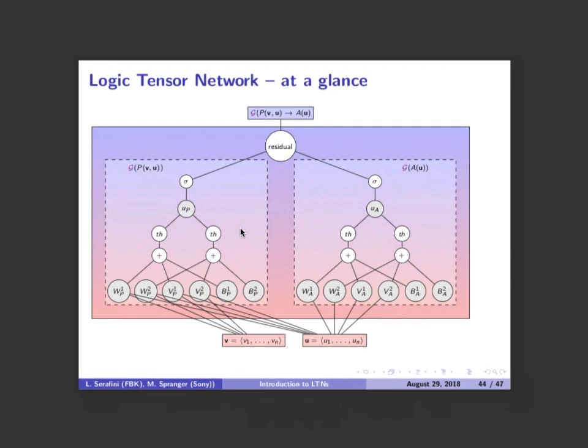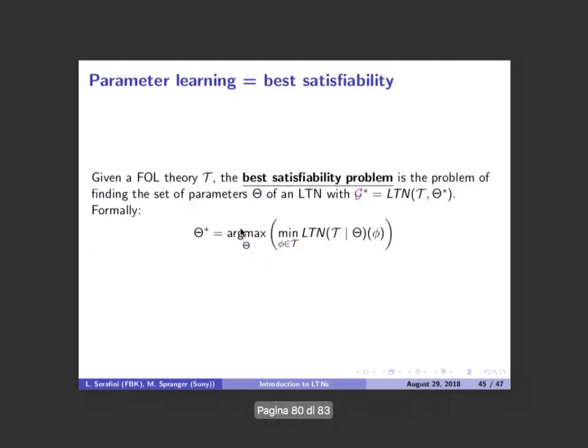So there you have the grounding of PVU and the grounding of AU, and then the residual, the inputs of the distributed representations now. So this is the key distinction: a distributed representation with roles and a fuzzy set interpretation.